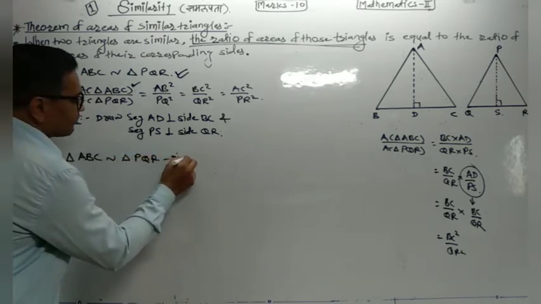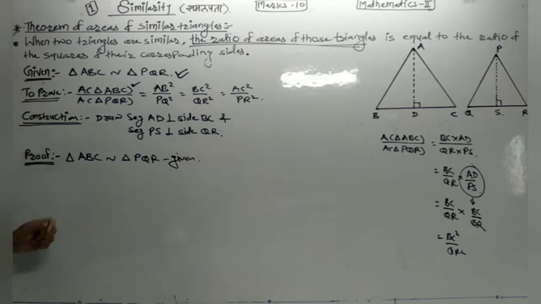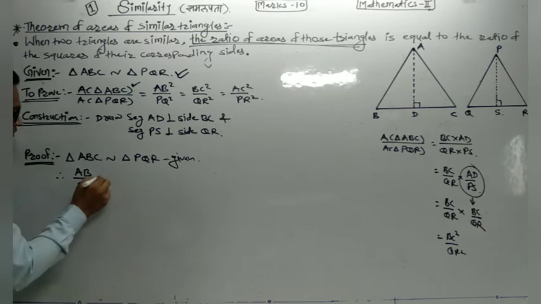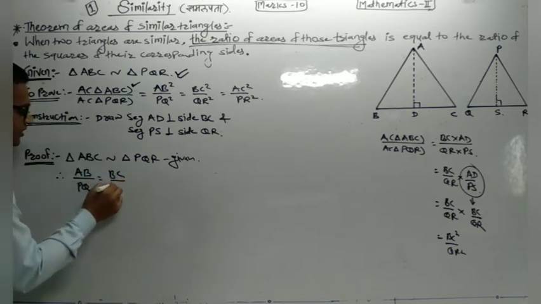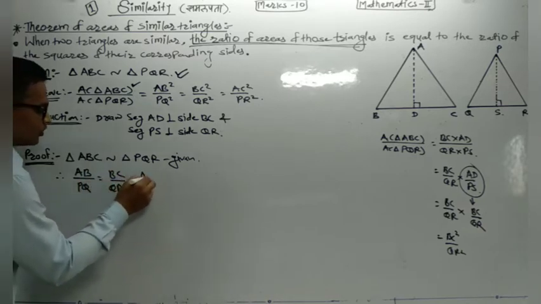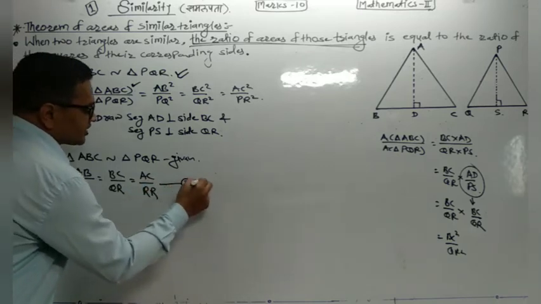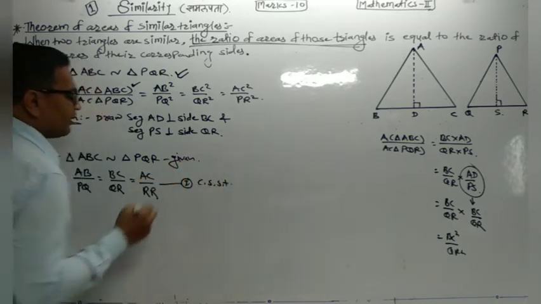This is the given information. From this we can say that AB divided by PQ equal to BC divided by QR equal to AC divided by PR. This is step number one: corresponding sides of similar triangles.